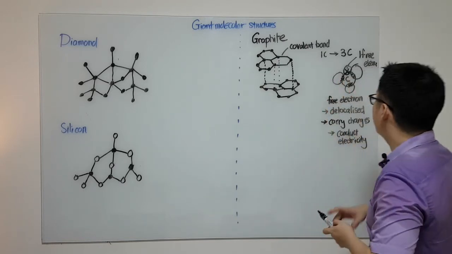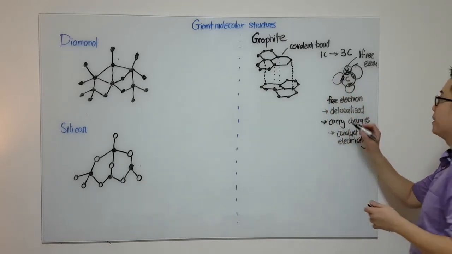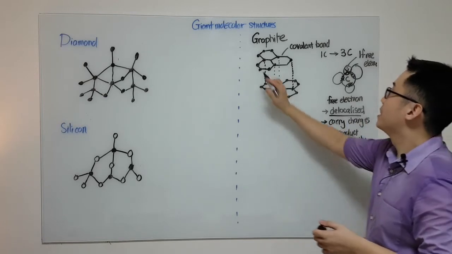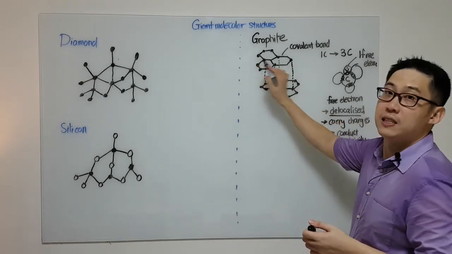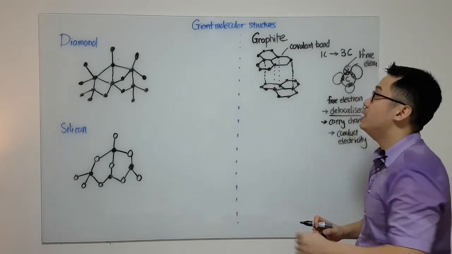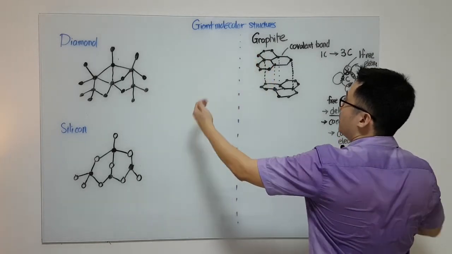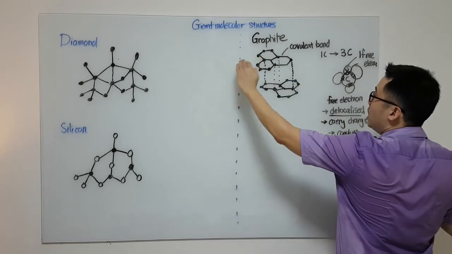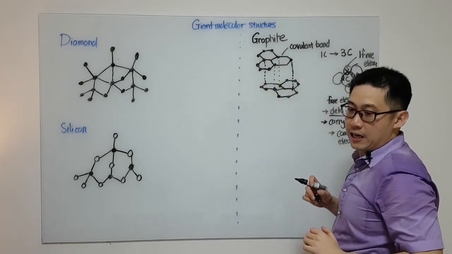But however, students, this electron can only be delocalized across the layer, which means you can only conduct electricity when they are putting it in such a way that electricity can flow only along the layers.